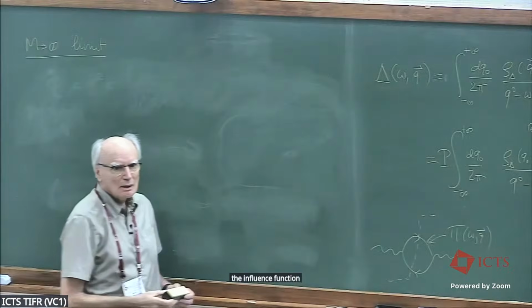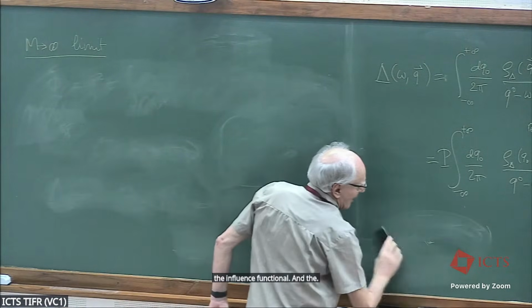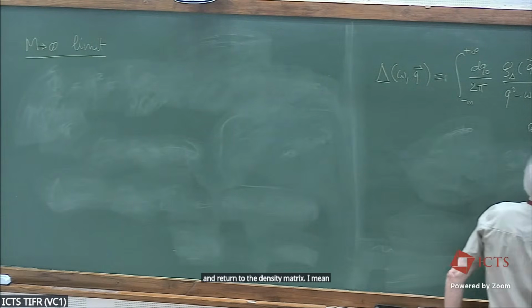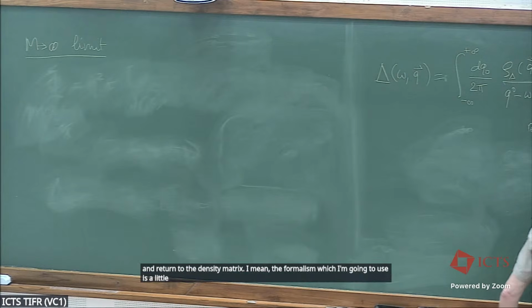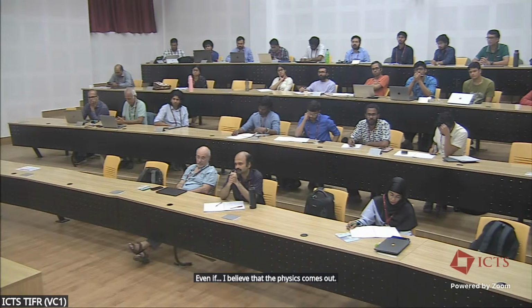Unless you have a question, I'm going to abandon for a moment the influence functional and return to the density matrix. The formalism which I'm going to use is a little bit more powerful, even if I believe that the physics comes out a little bit more explicitly in the influence functional.